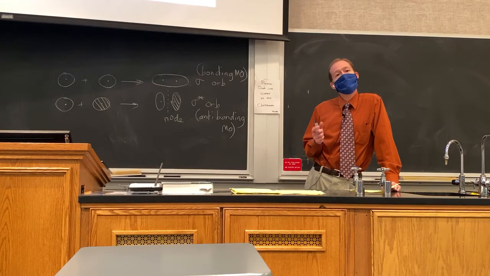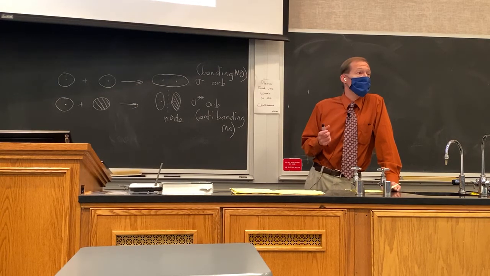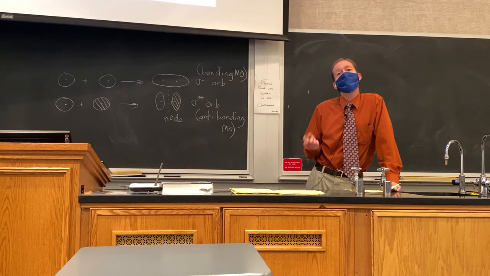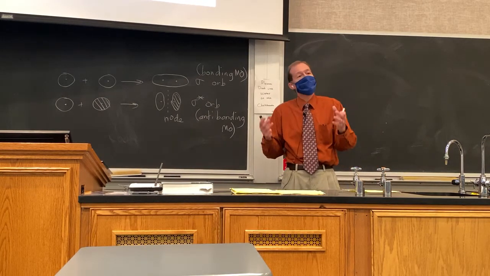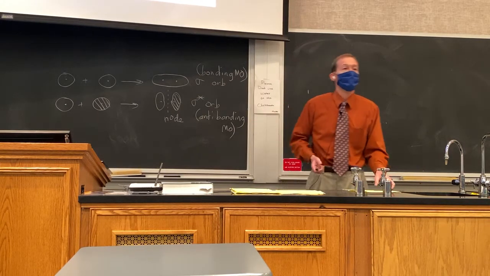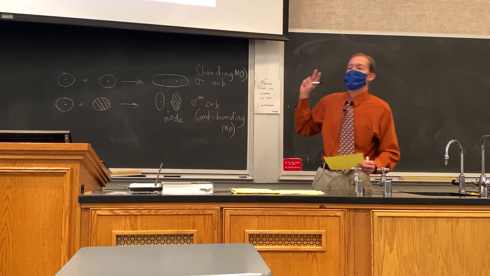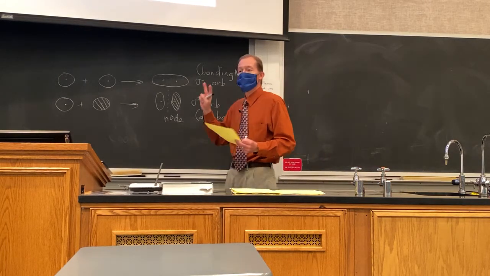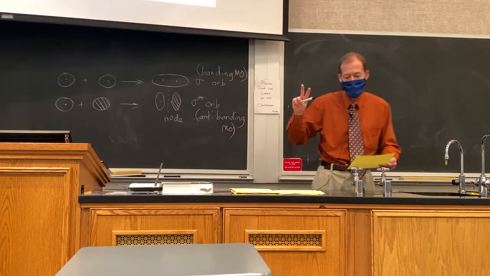And we said that the number of molecular orbitals in a molecule will equal the number of atomic orbitals that were present in the individual atoms that were combined to make those molecular orbitals. So in H2, we have a 1s atomic orbital on each hydrogen. Therefore, we would end up with 2 molecular orbitals.